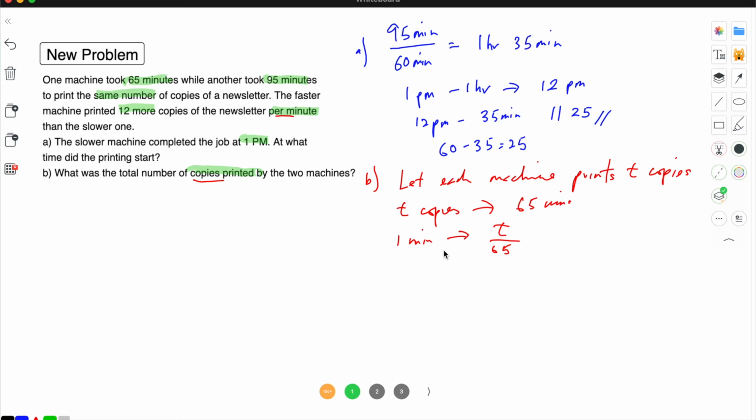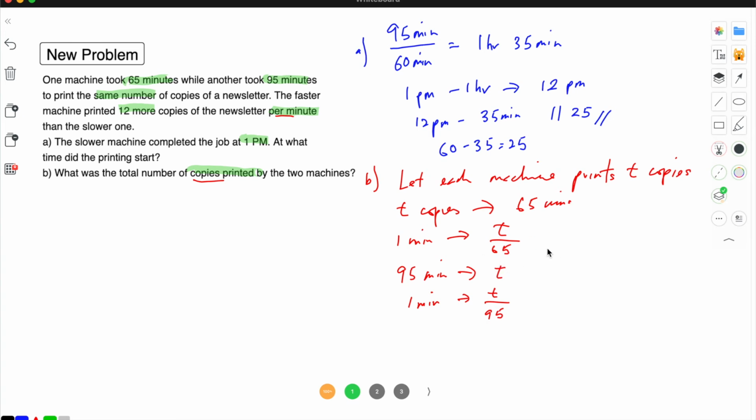We can do the same for the second machine. It requires 95 minutes to print T copies. So in 1 minute, it will print T divided by 95 copies of the newsletter.